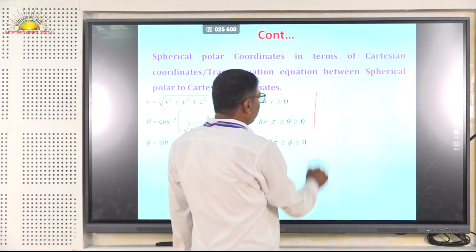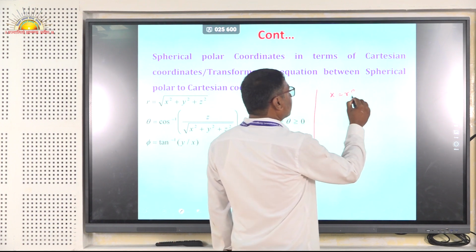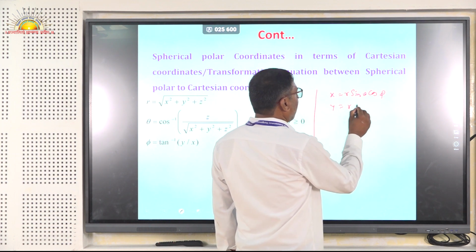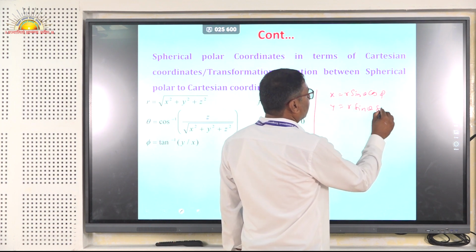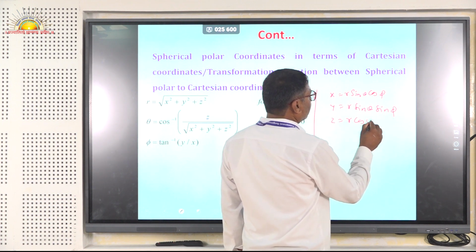So this can be very easily obtained. We know that x is equal to R sin theta cos phi, y is equal to R sin theta sin phi, and z is equal to R cos theta.